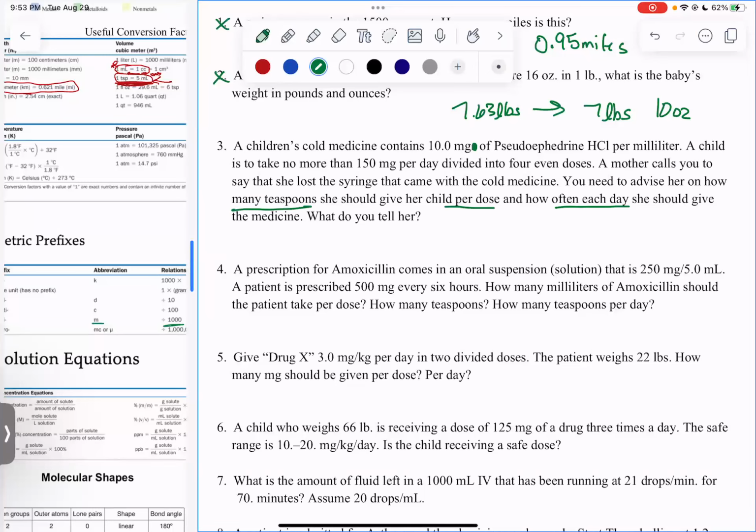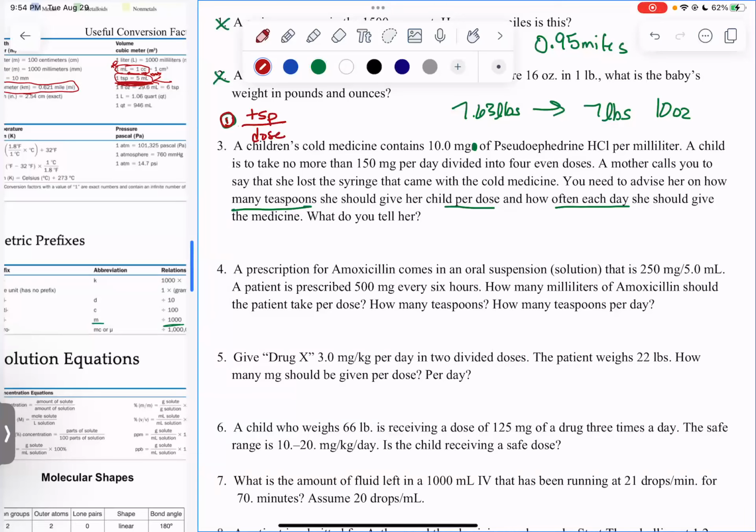Okay, so what is my goal? My goal is I need to know how many teaspoons per dose. That's one of my goals. Let me do a different color. Let's do red, right? So one of my goals is teaspoons per dose.